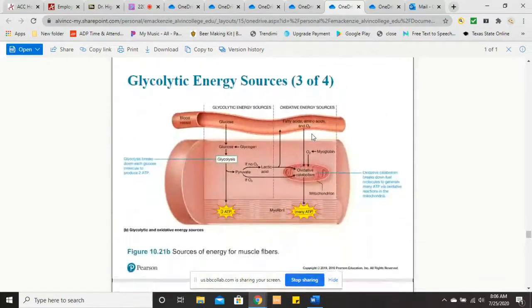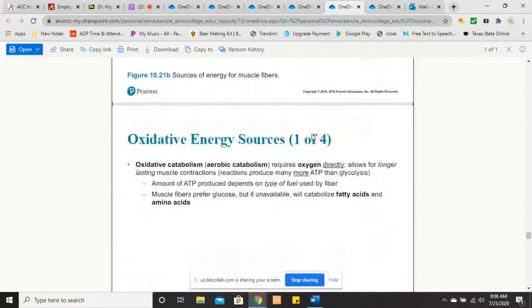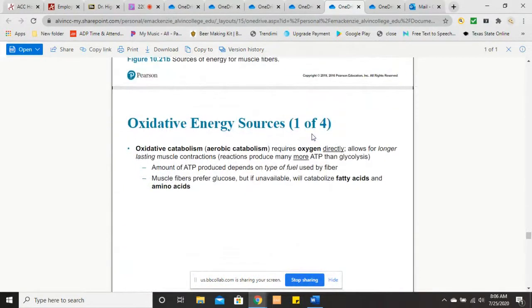Why? Because we have one more source of energy that gives us energy for hours. It's what we call oxidative catabolism, sometimes called aerobic respiration, because now you're using oxygen. You're still breaking down sugar for energy, still breaking down glucose for energy, but you're doing it with the help of oxygen. So this is aerobic catabolism.